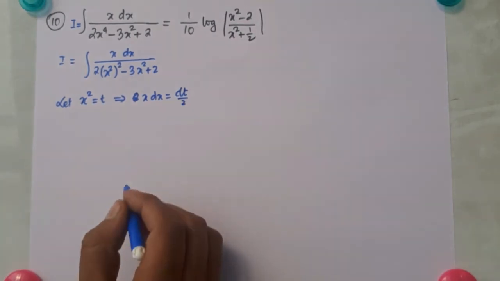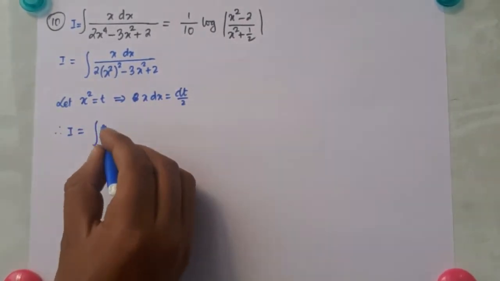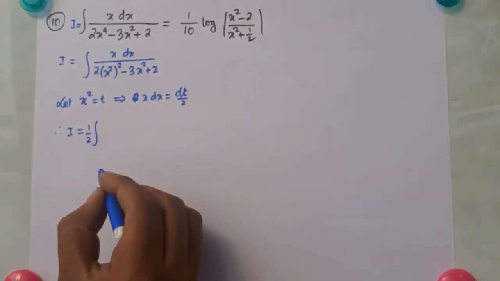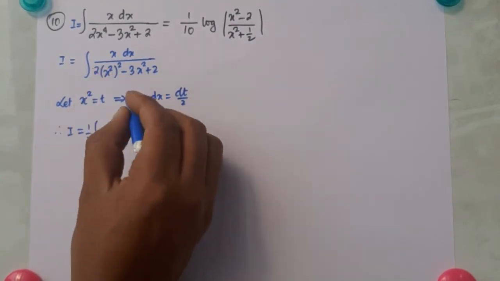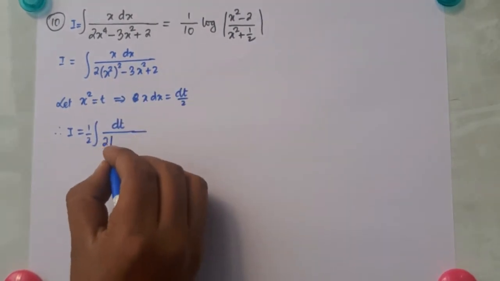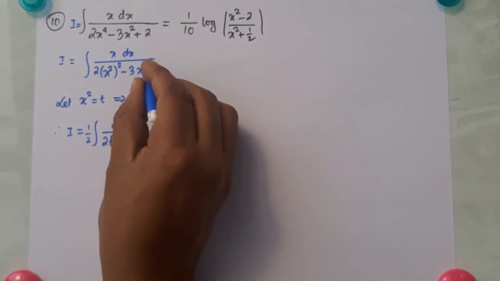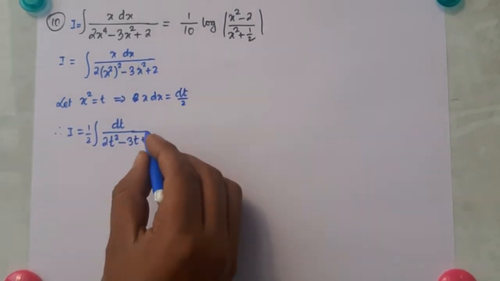So from here you get 2x dx, or let me directly write x dx will be equal to dt by 2. Okay, so in that case your integral I will change into, so x dx is half dt, so let me keep half outside. So you have dt by, see here carefully, this is 2t square, isn't it? So 2t square, because x square is t, minus 3t plus 2, isn't it?